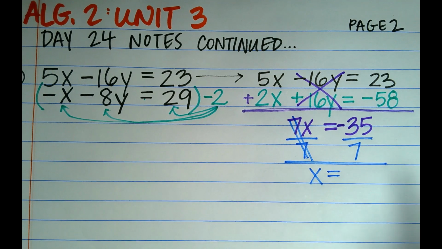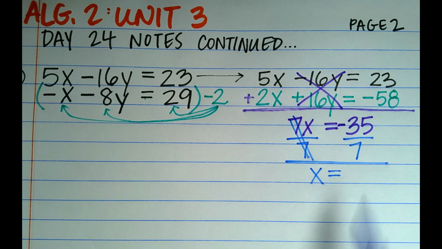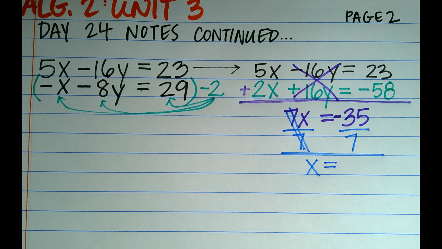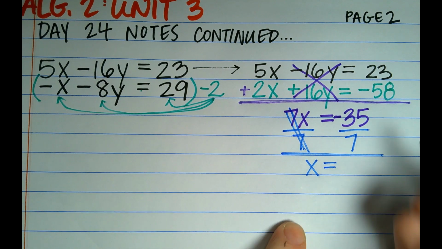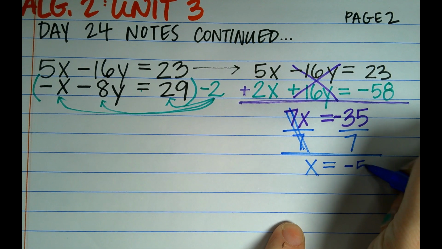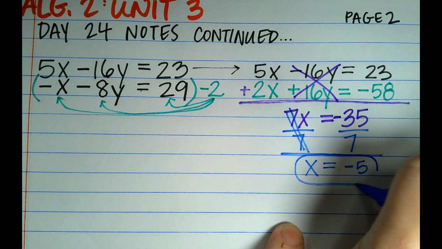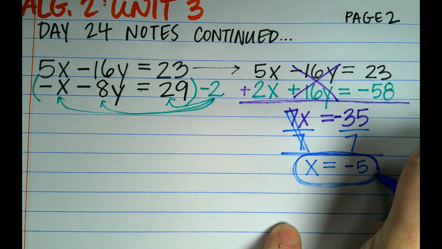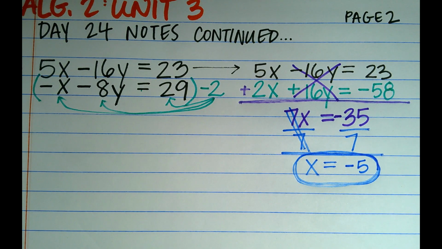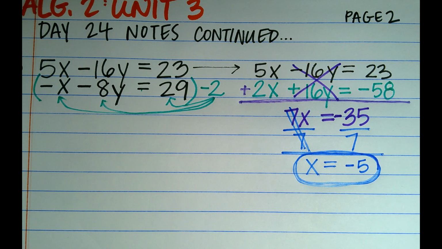Bring down my equal sign, and now what is negative 35 divided by 7? Negative 5. Perfect. X equals negative 5. All right. So we solved for x. What should we do now?